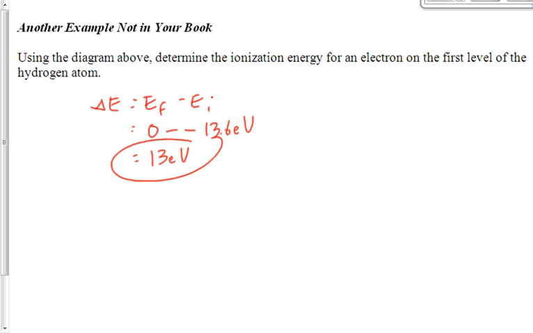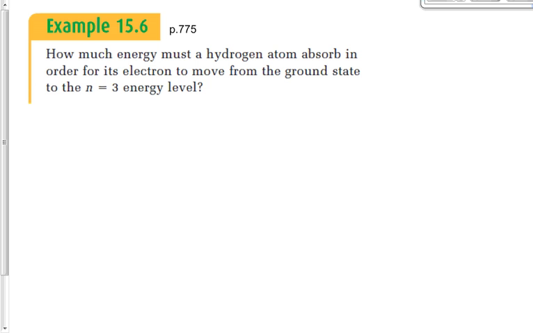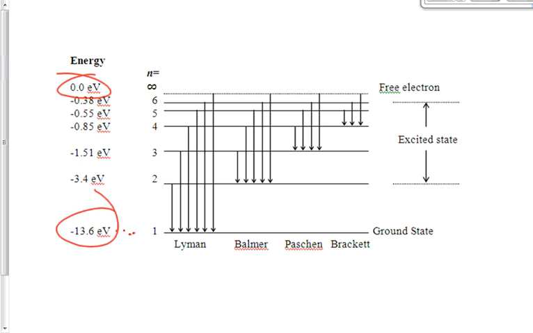Finally, one more question. This one's in your textbook. How much energy must a hydrogen atom absorb for its electron to go from the ground state to the third level? Let's go back to my picture again. Negative 13.6, negative 1.51.